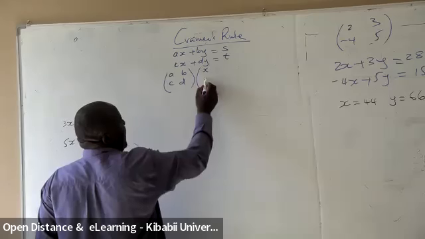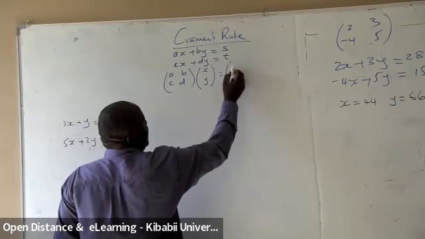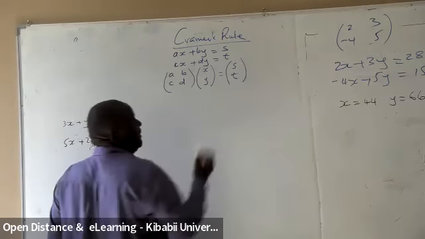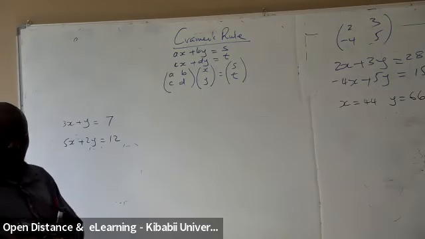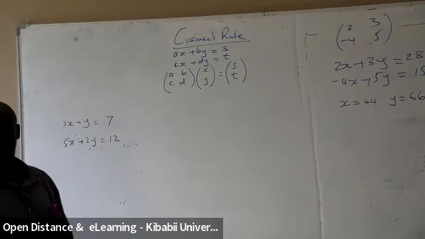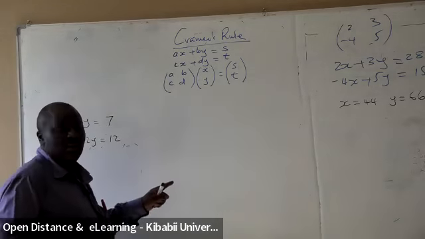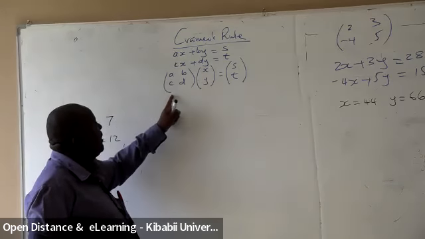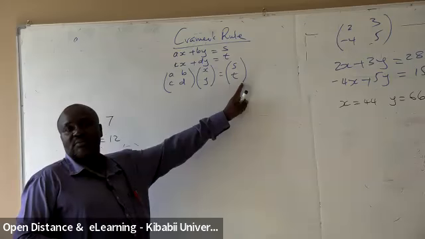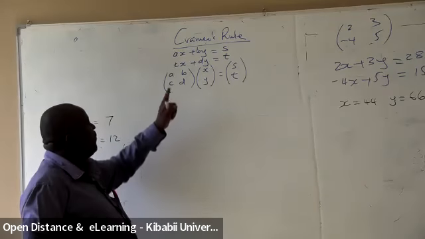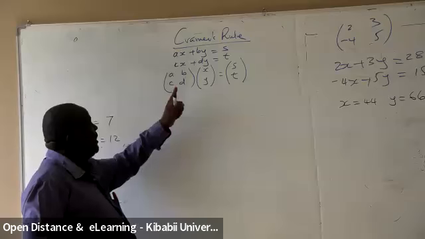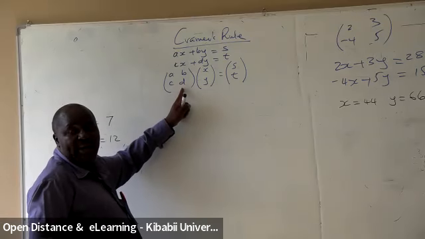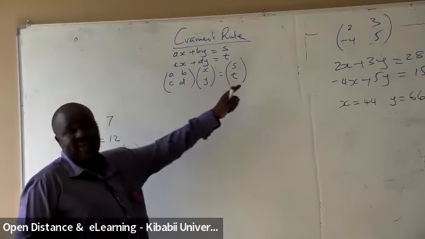The variables are x, y, and the constants are s, t. So by Cramer's rule, if we are solving for x, we replace the coefficients of x by the constants. If we are solving for y, we replace the coefficients of y by the constants.